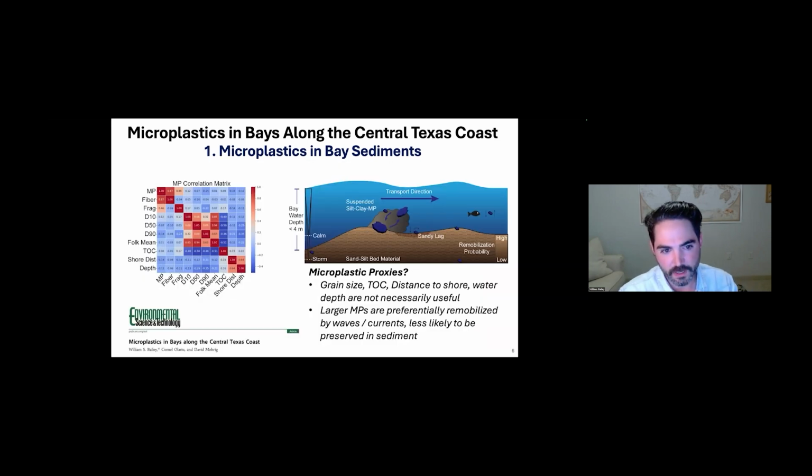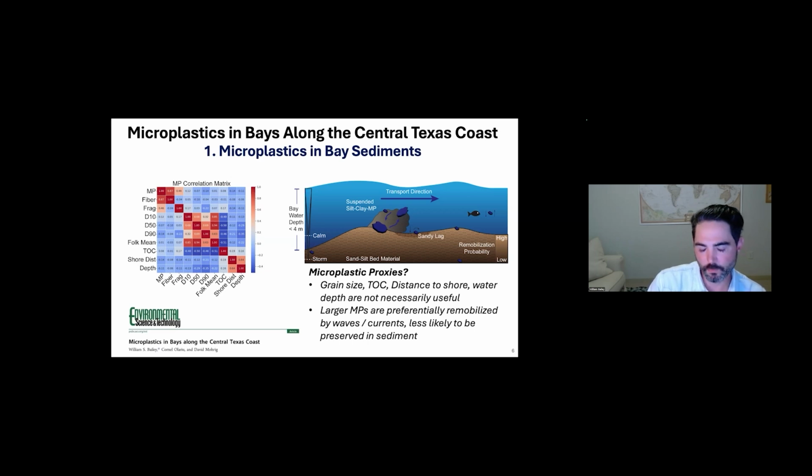And so our model that we came up with to explain these results was that these microplastics that we found are generally much larger than the grain size of the bed. Our grain size of the bed is generally silt. Our grain size of the microplastics is usually 3 to 5 times larger than that of the bed. And so we're explaining the lack of correlation with any of these other proxies in that these microplastics are much larger and less dense, or more buoyant.